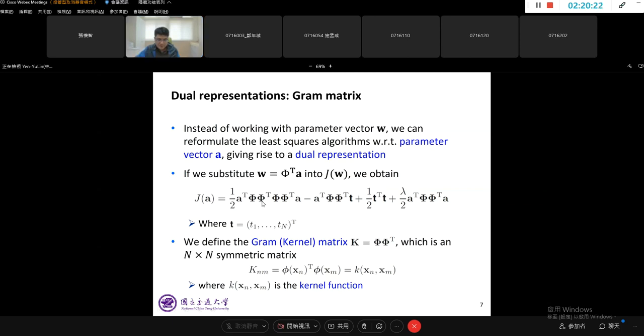Here, phi is the data matrix. A becomes the learnable parameter. Bold T is a vector constructed by concatenation of the ground truth of the data points. If you look at this objective function, you will find that phi is present in this equation in the form of phi transpose.